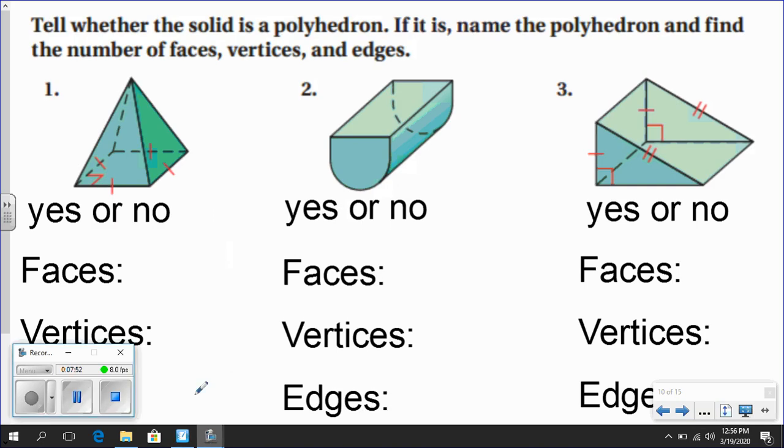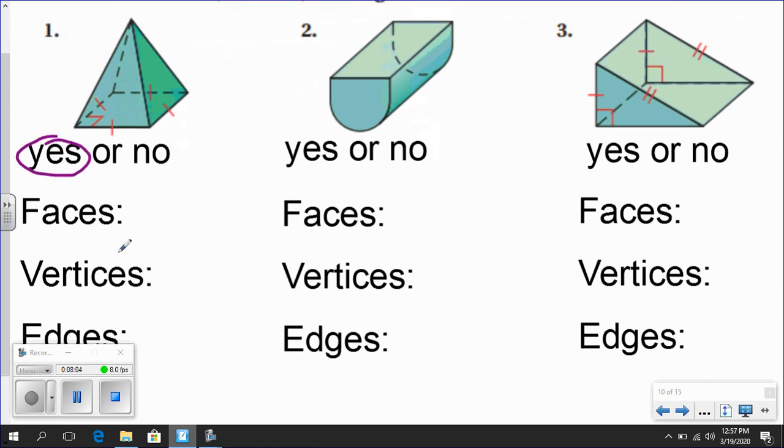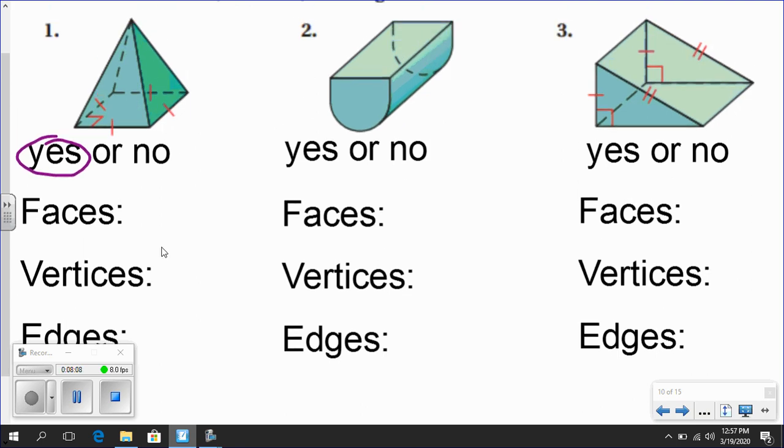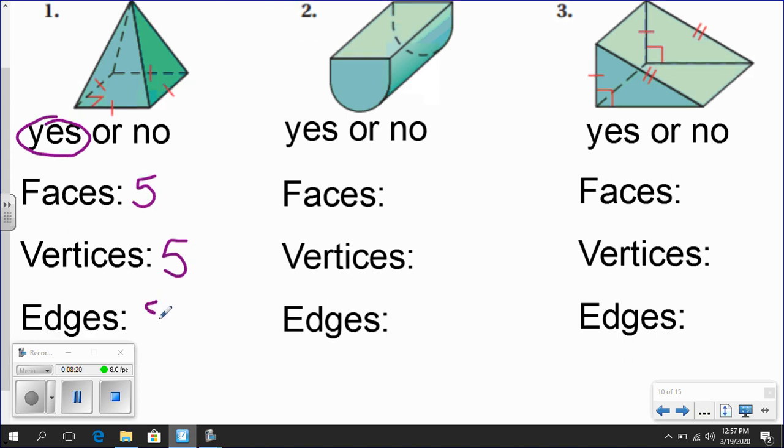Let's tell if the solid is a polyhedron. So for number 1, the answer is yes. So let's find the number of faces, vertices, and edges. If we count the faces, we end up getting 5. When we count our vertices, we end up getting 5. And edges, 8.